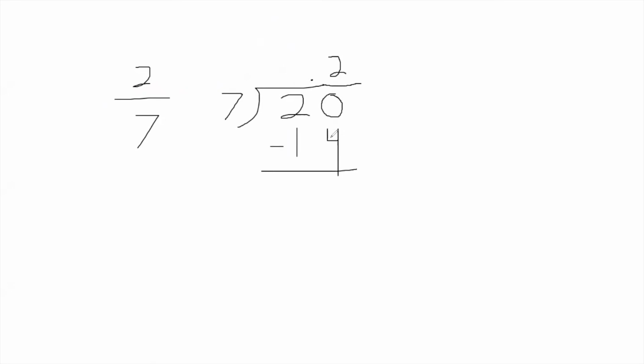Subtract that, then 20 minus 14 is 6. 7 does not go into 6, so we have to add another 0. And 7 goes into 60 how many times? I think it's 7 times 9 is 63. So 7 times 8 is 56.